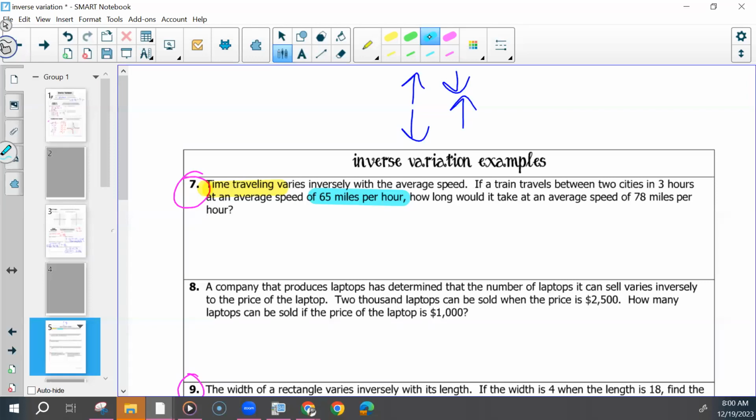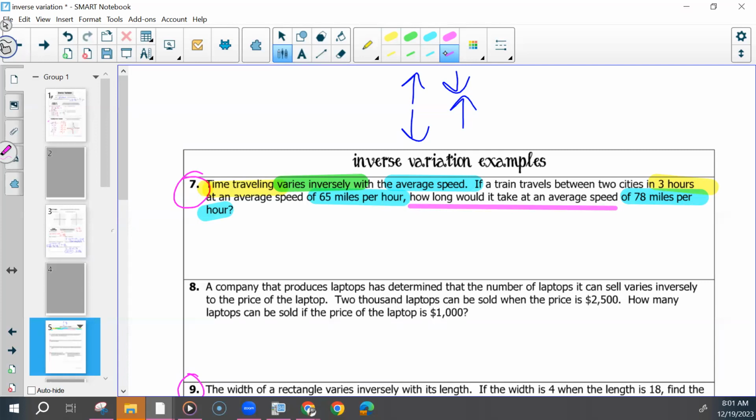This 3 hours. Varies inversely, 78 miles per hour. Speed. And what are we looking for? How long it would take?